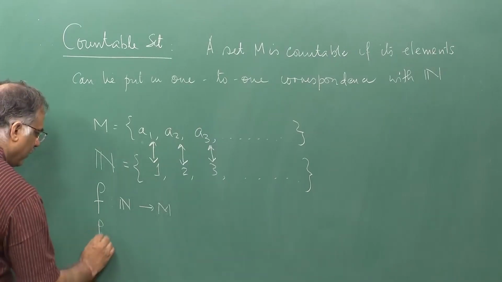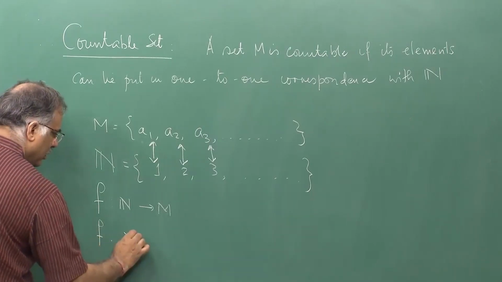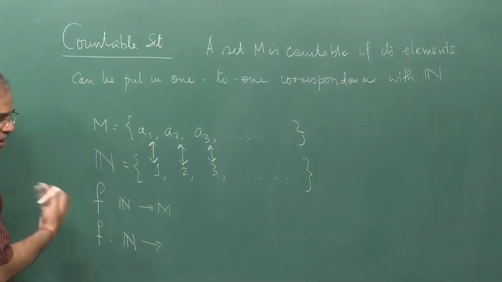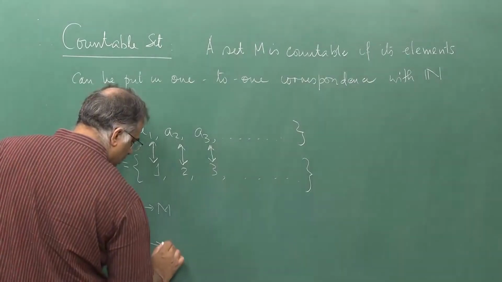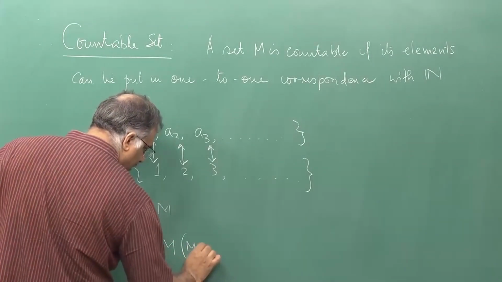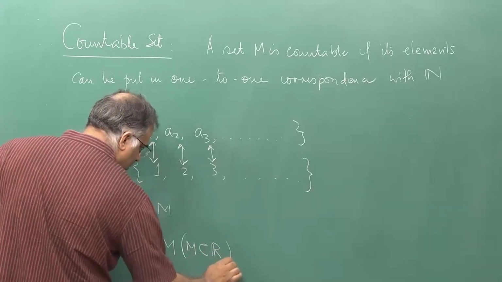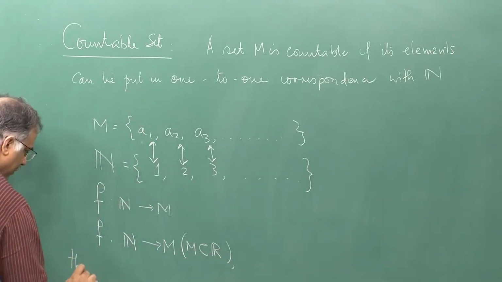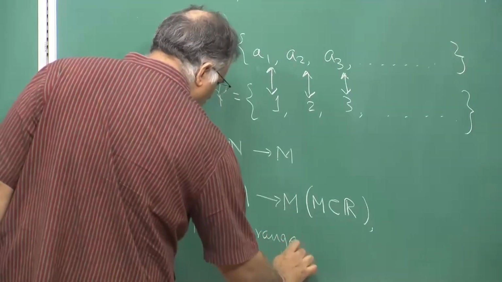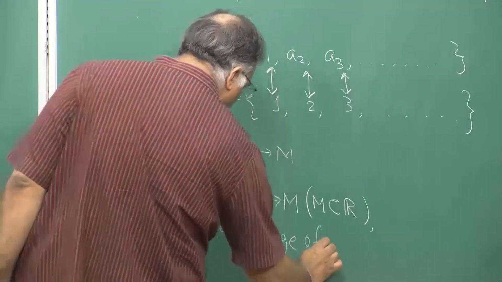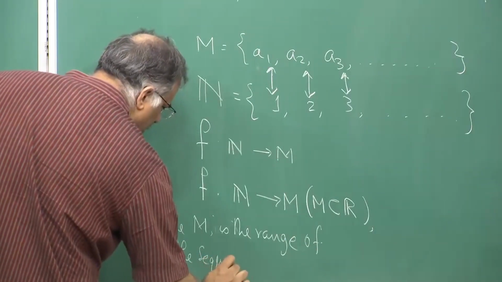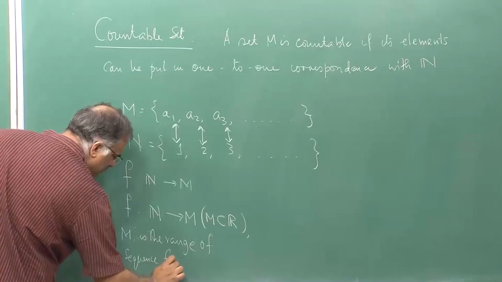So if I have a very specific scenario where M is a subset of R, then M is the range of the sequence function. So this function is then called a sequence function.